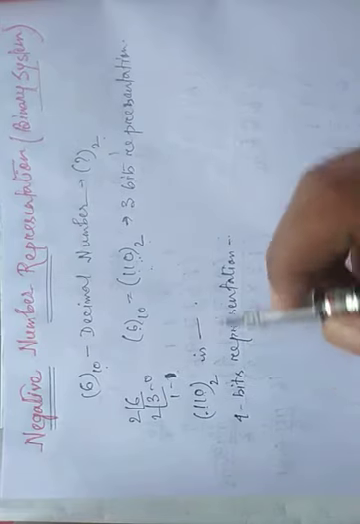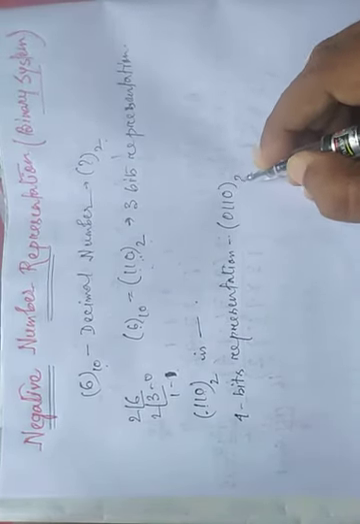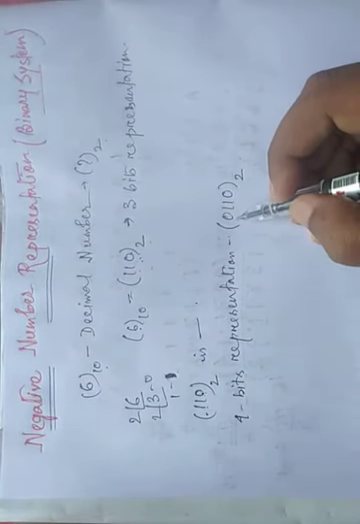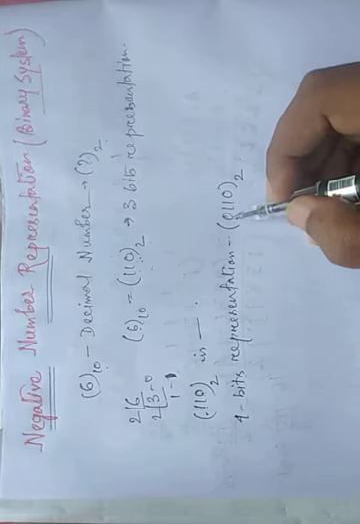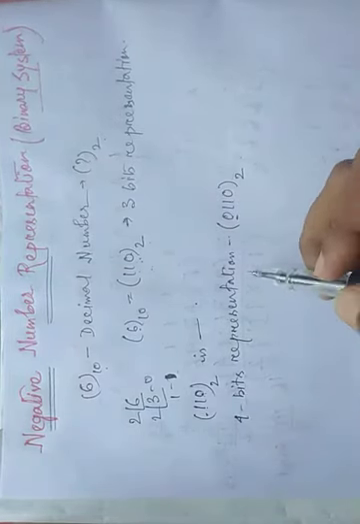So the 4-bit representation of this number would be 0, 1, 1, 0: the same number, but with 1 extra 0 added on the left-hand position.